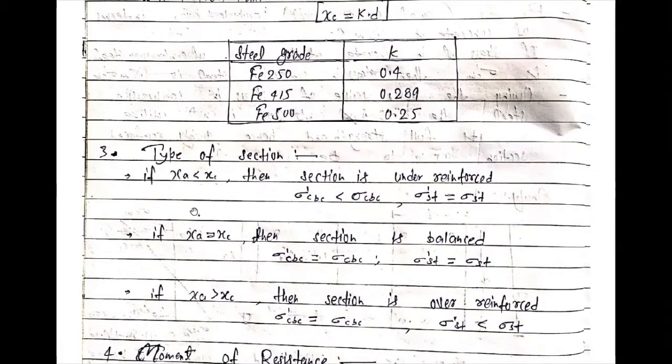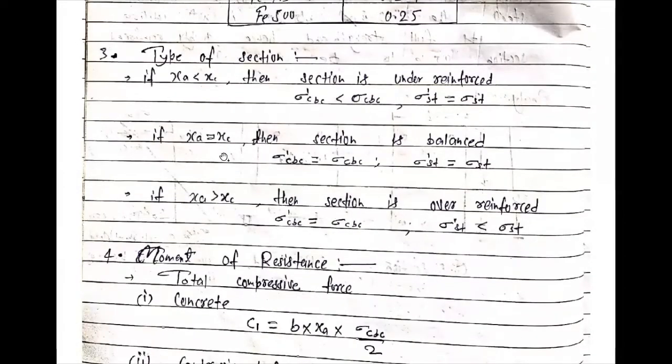If XA is less than XC, that means the actual neutral axis is less than the critical neutral axis, then the section is under reinforced, which means sigma dash CBC is less than sigma CBC and sigma dash ST is equal to sigma ST. If XA is equal to XC, then the section is balanced: sigma dash CBC equals sigma CBC, and sigma dash ST equals sigma ST. And third case, if XA is greater than XC, then the section is over reinforced, which means sigma dash CBC is equal to sigma CBC and sigma dash ST is less than sigma ST. Here you can see.